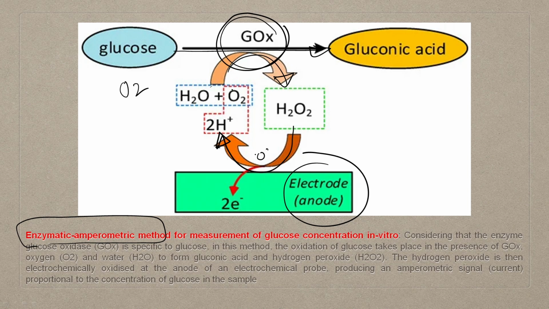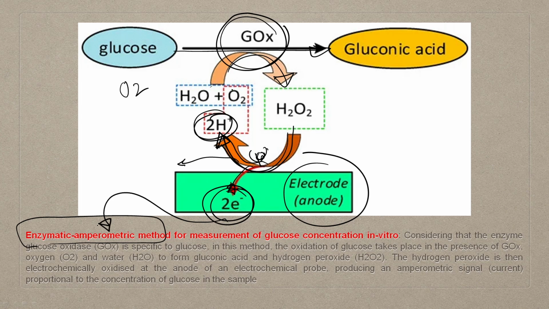There is an oxidation reduction happening here, by which it is giving away 2 protons and 2 electrons, and these electrons are being measured amperometrically.